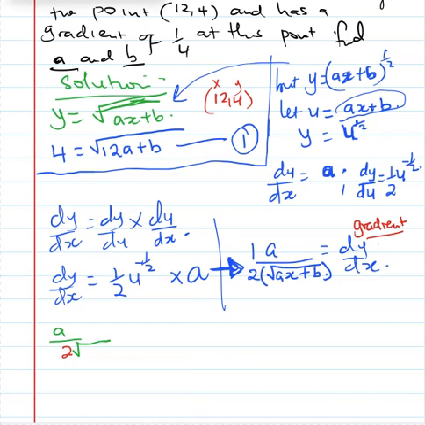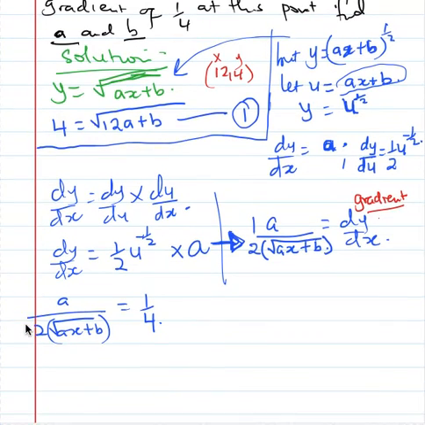We can say a over 2 root (ax plus b) equals 1 over 4. Now we are going to substitute. Remember at the beginning we substituted the coordinates 12 and 4 and we got 4 equals the root of 12a plus b.